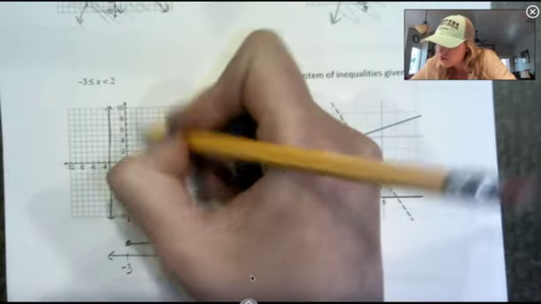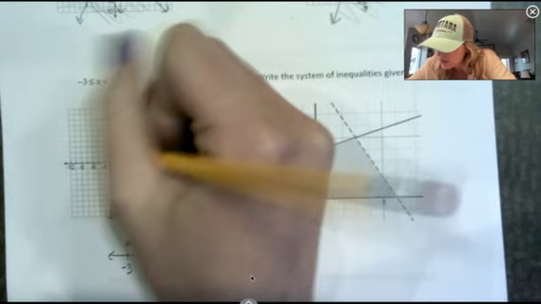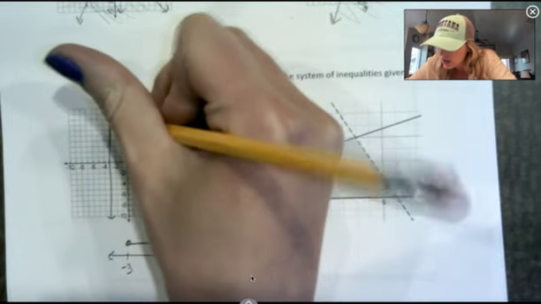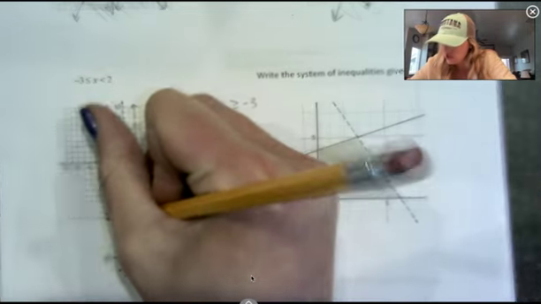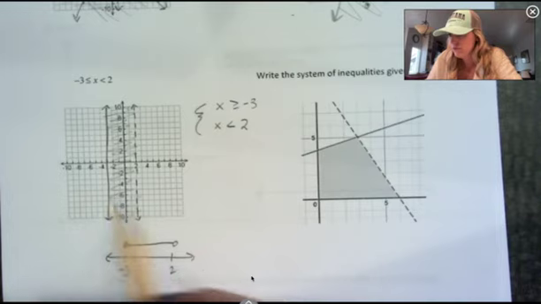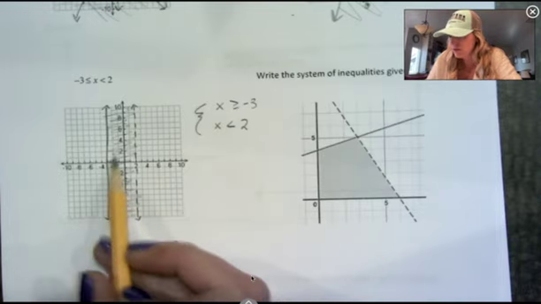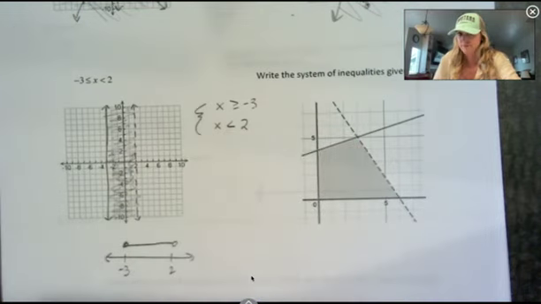Less than 2, so vertical line through 2. Oh, sorry, but this one's got to be dashed. And then it is shaded between there. So everything on the -3 line is a solution up to the dotted line.